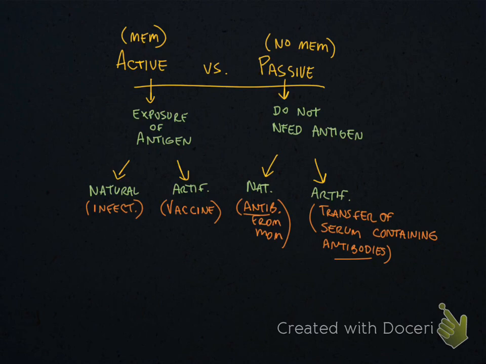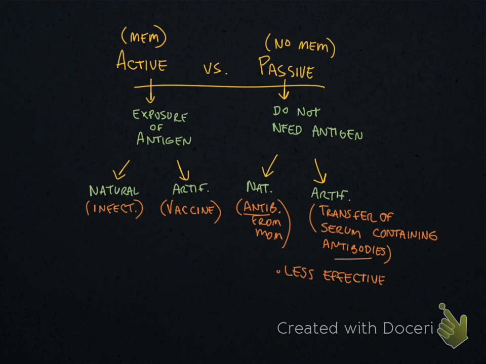Of these two, passive would be less effective because you are not able to acquire that memory. But if you are immunodeficient, like cancer patients whose immune system is compromised, this may be an applicable means of getting those antibodies.